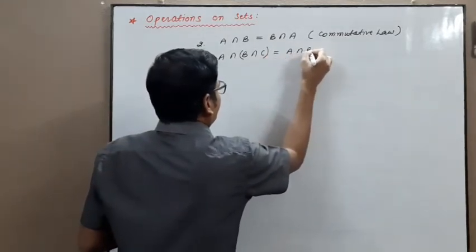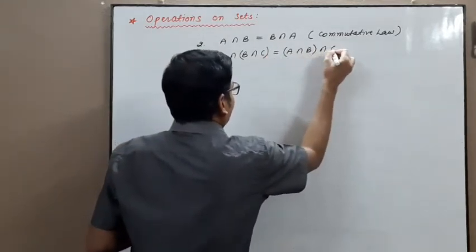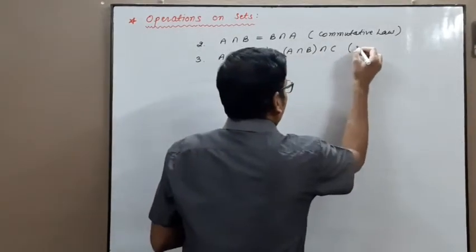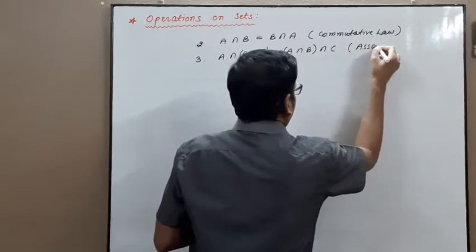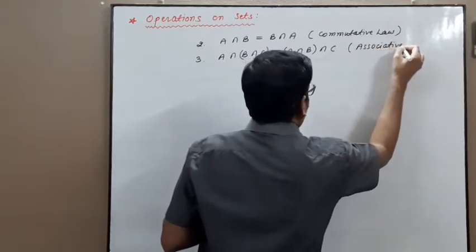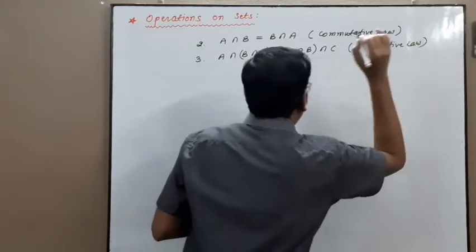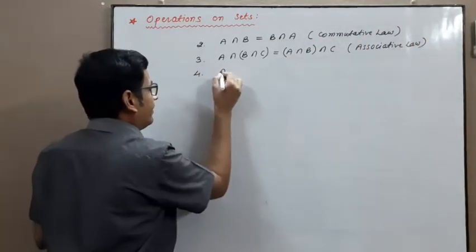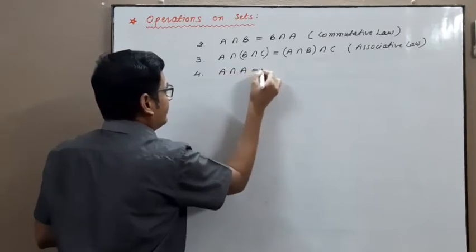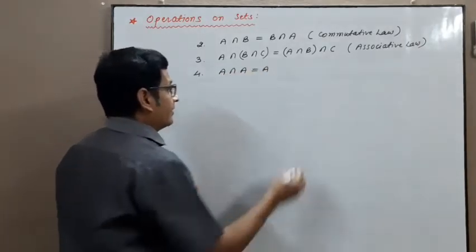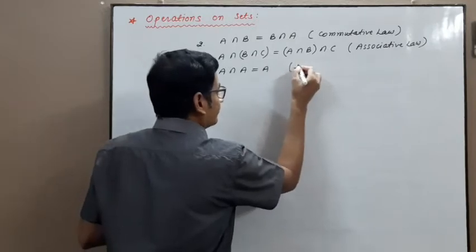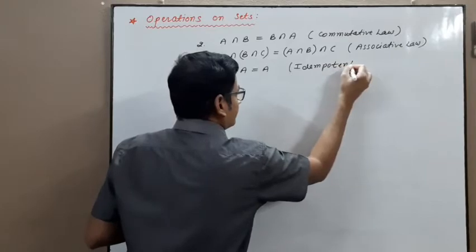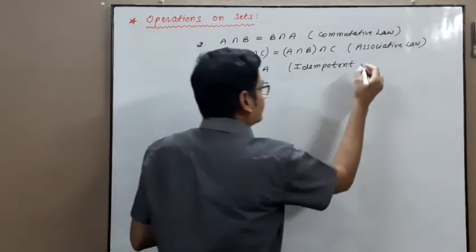(A intersection B) intersection C. If we change the bracket, the value remains the same. This is called associative law. Fourth, A intersection A is equal to A. This is called idempotent law.